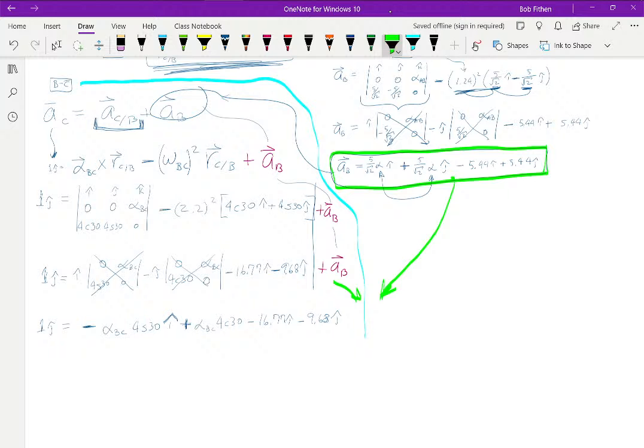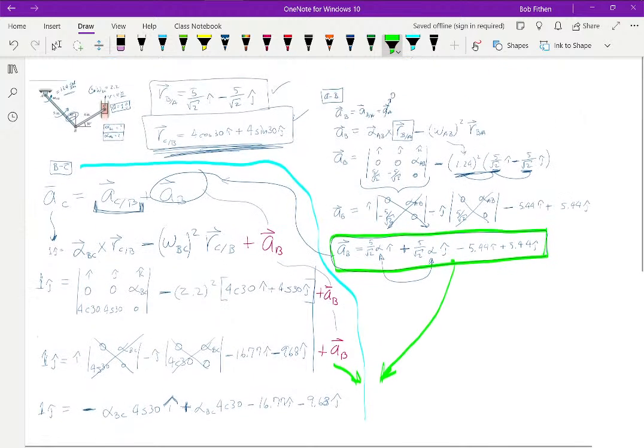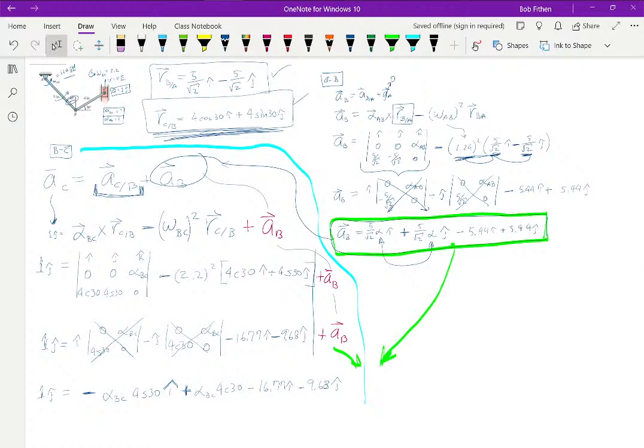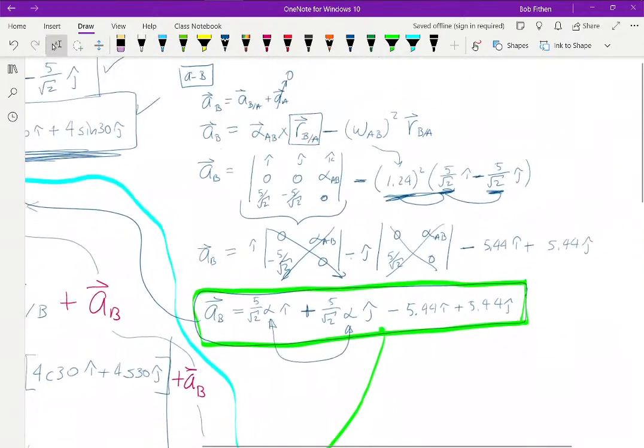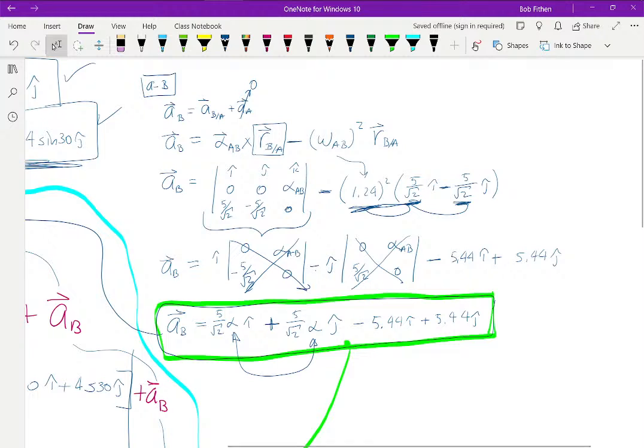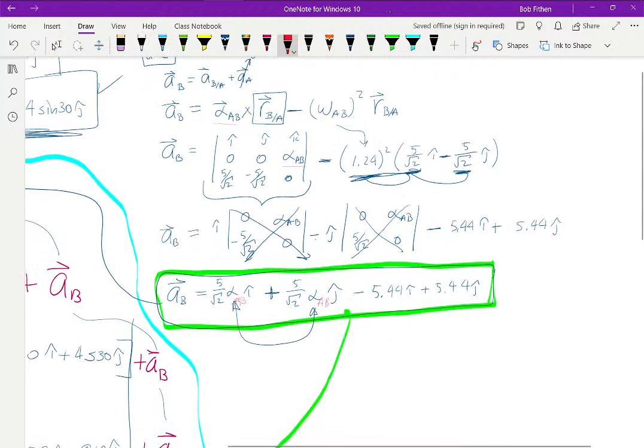One of the things I should have done that I did not do, and if you notice, I had the alpha AB here and alpha AB, and I dropped the AB for some reason. So I'm going to put it back.